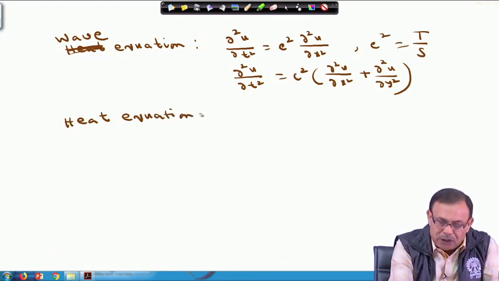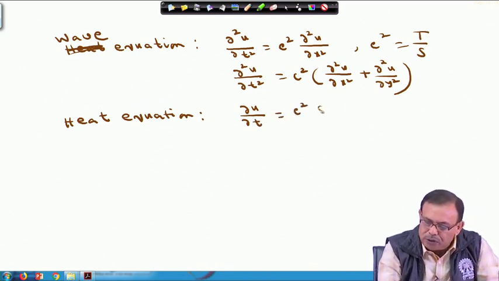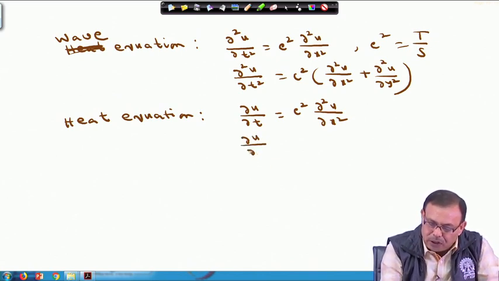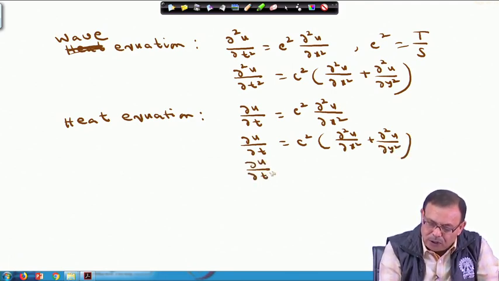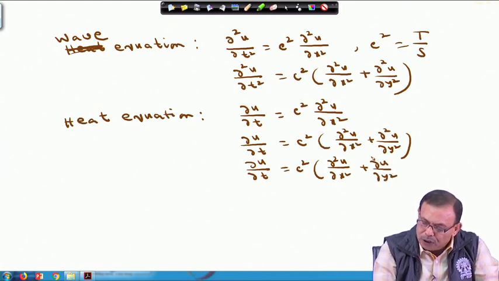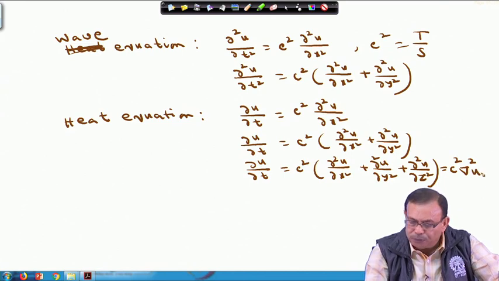Your heat equation takes the form ∂u/∂t = c² ∂²u/∂x², or you can write ∂u/∂t = c² (∂²u/∂x² + ∂²u/∂y²), or you can write ∂u/∂t = c² (∂²u/∂x² + ∂²u/∂y² + ∂²u/∂z²). This you can write as c² ∇²u.